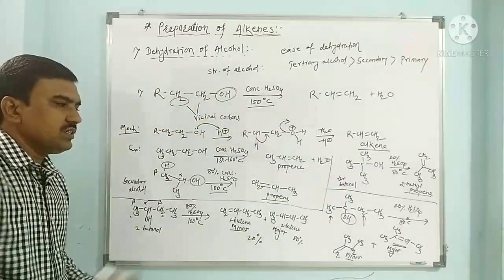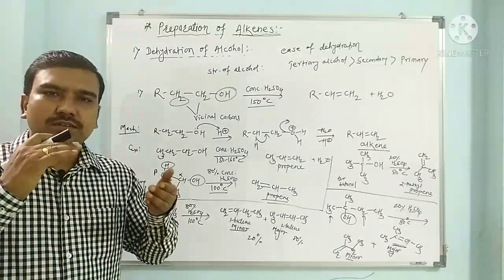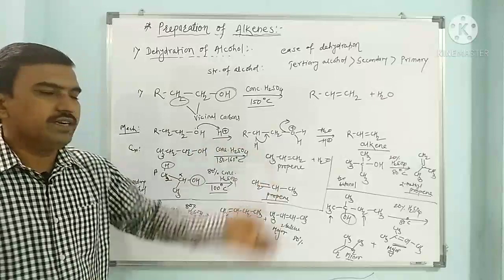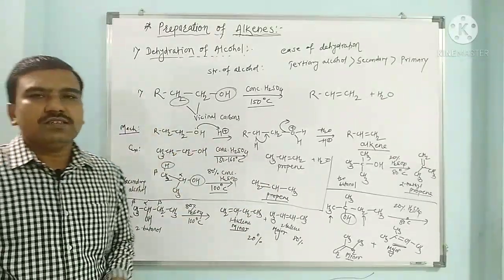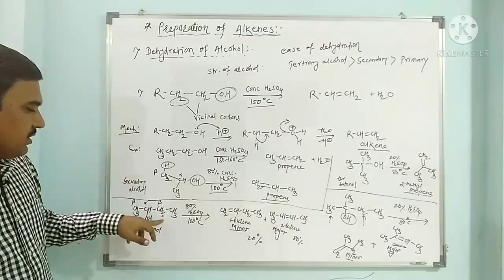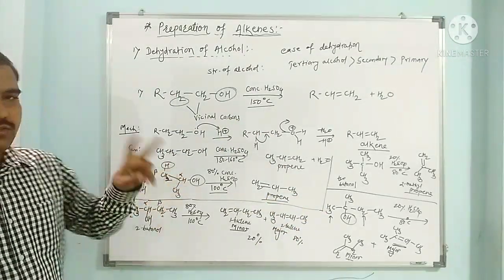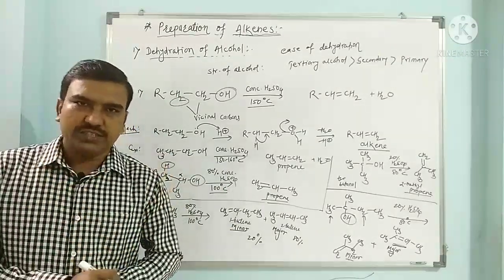So what we have seen here is that more alkylated alkenes will be major in this dehydration reaction. In this dehydration reaction, alcohols are converted to alkenes. When two different types of hydrogens are available, it gives two products, but the more alkylated alkene will be the major one.